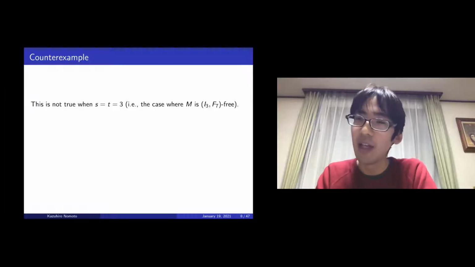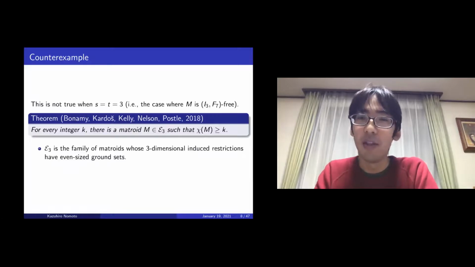So that's the case when you're excluding claws and triangles as induced submatroids. It doesn't really feel like a complicated case, but it fails even in this case. And they found this class of matroids, which they refer to as the even plane matroids, and they have unbounded chi.